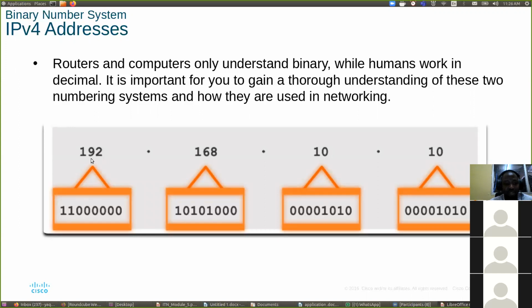These are the binary representations of 192, 168, 10, and 10. So you can see the importance of why we're doing this.